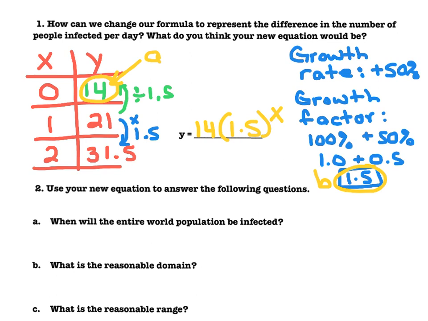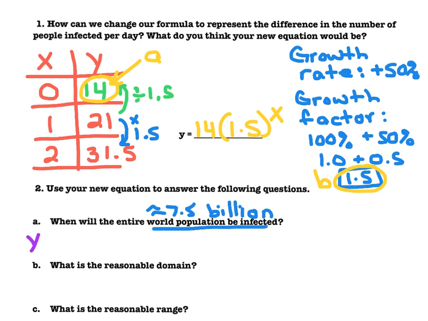So when will the entire population be infected? Well, the entire population of the world is around 7.5 billion. So let's try some different values and let's see what we can come up with by plugging in the number of days. So let's see what might happen after 30 days.